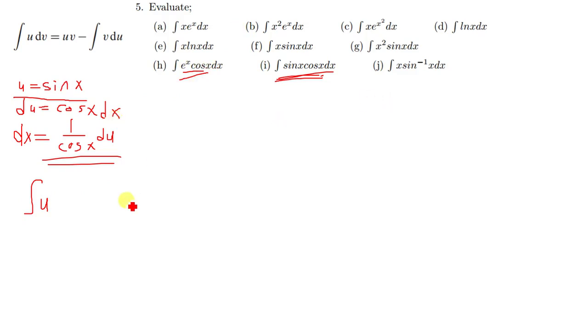Then where there is cos x, and where there is dx, I'm going to put 1 over cos x du. You can see that those will cancel, so I'm just remaining with the integral of u with respect to u.